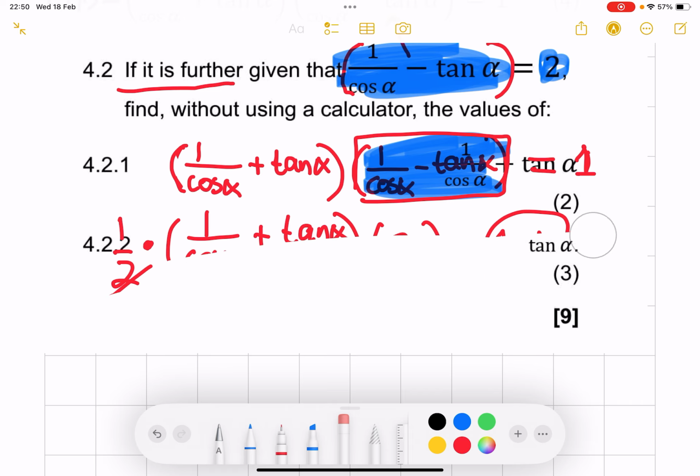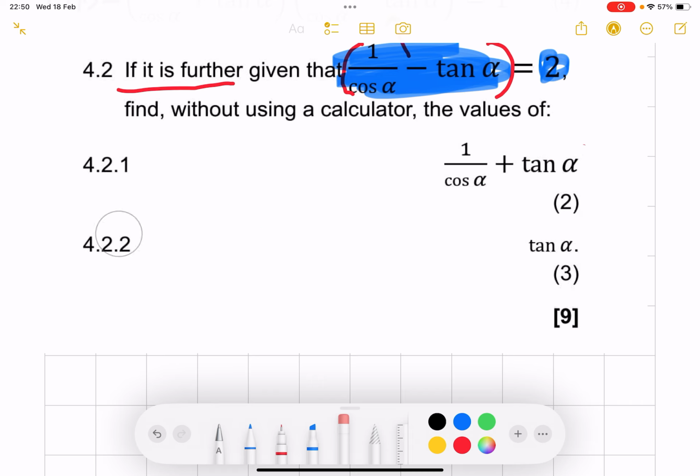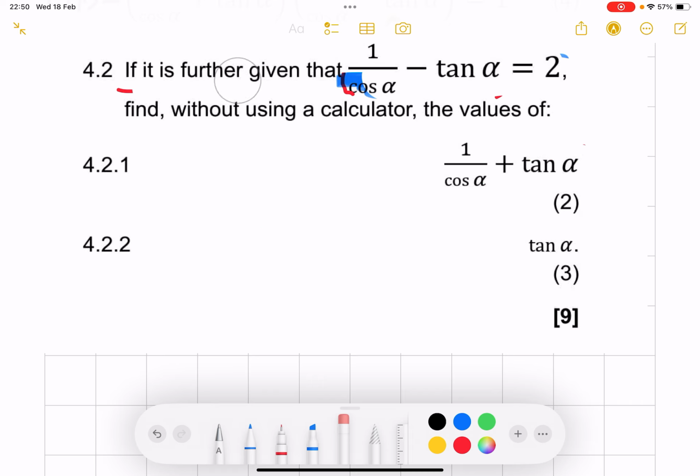Right, and then let's do the last question. On the last question, they need the value of tan alpha. Okay, guys, remember we just proved that 1 over cos alpha plus tan alpha is half, right?